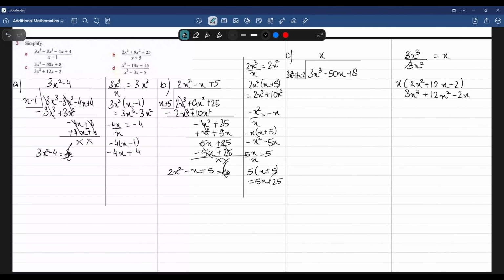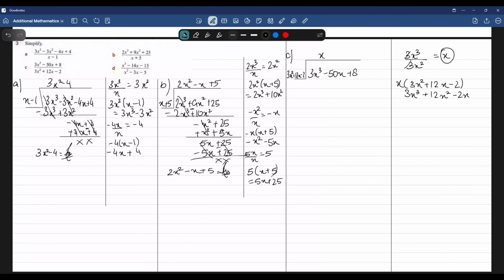Okay, this is basically telling us to focus on the first term of the dividend and the first term of the divisor, and divide them up, find the value for which we are going to get the original equation, and then multiply it by the whole divisor.